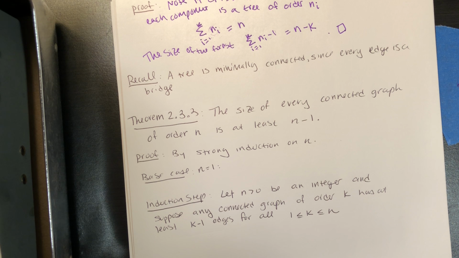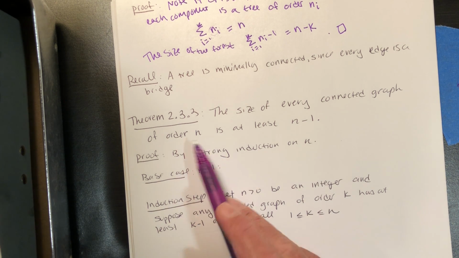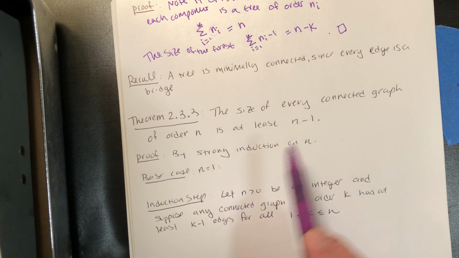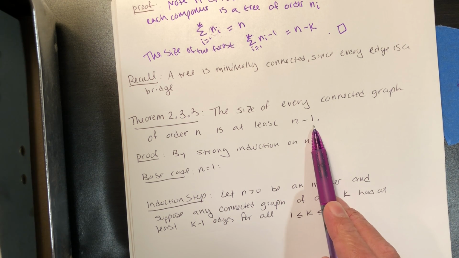Remember, we start with the base case. We prove that if you have a connected graph of order n equals 1, then the size is at least n minus 1. All right, well, 1 minus 1 is 0.